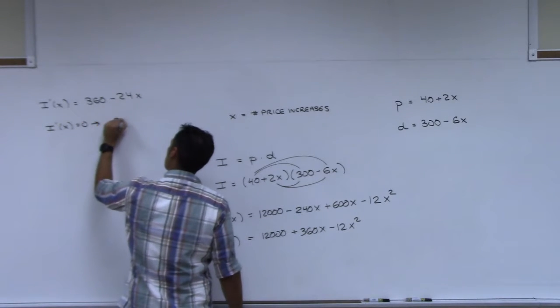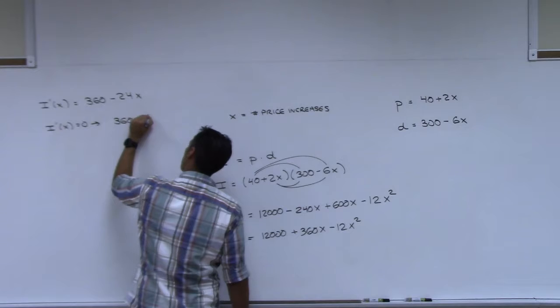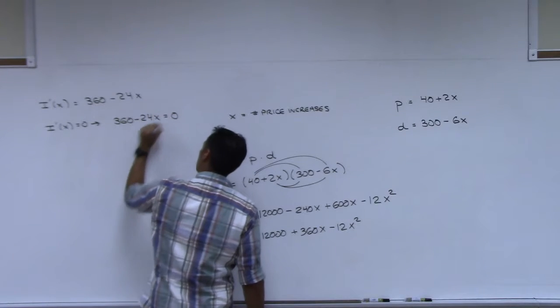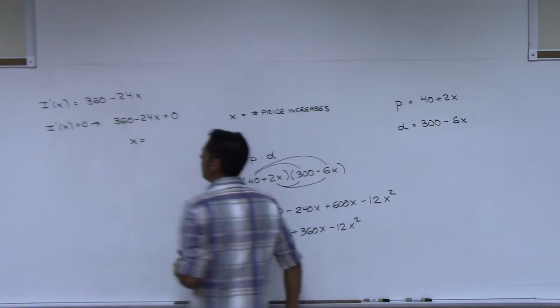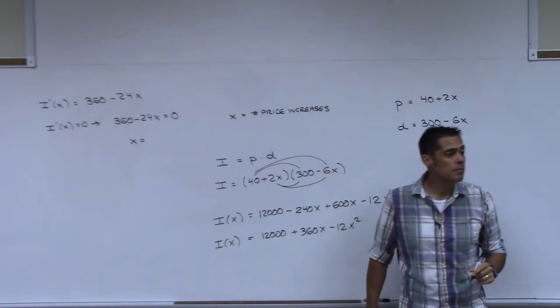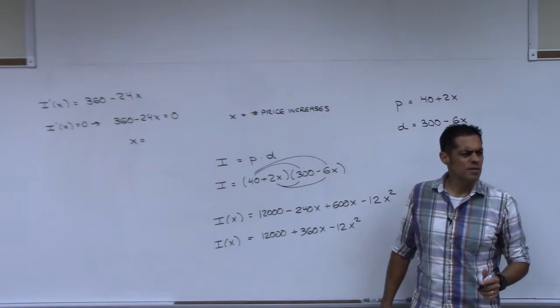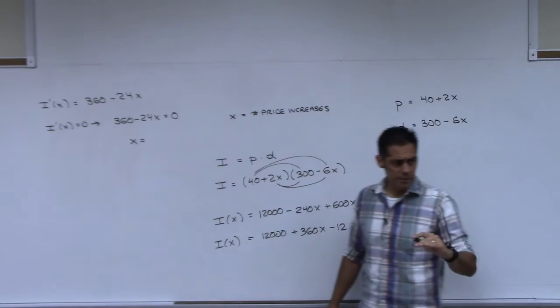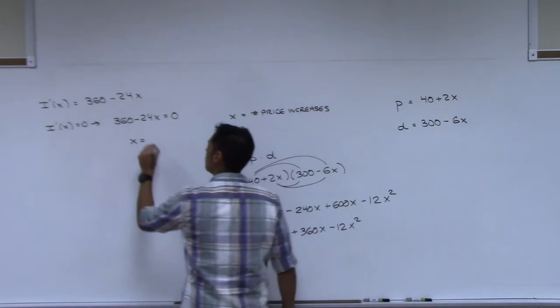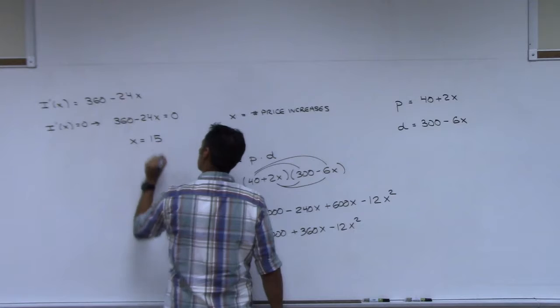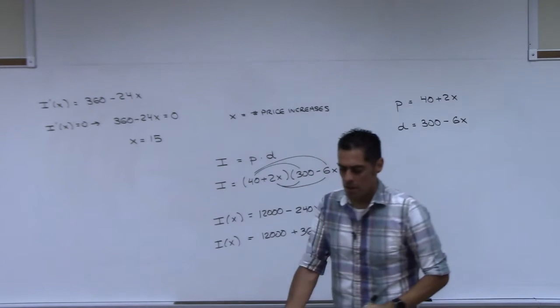So that'll give me 360 minus 24x equals 0. And who has that for me? What is it? 15 even? Yes. Oh, it's 15 right in there. Okay. Good. X is 15.